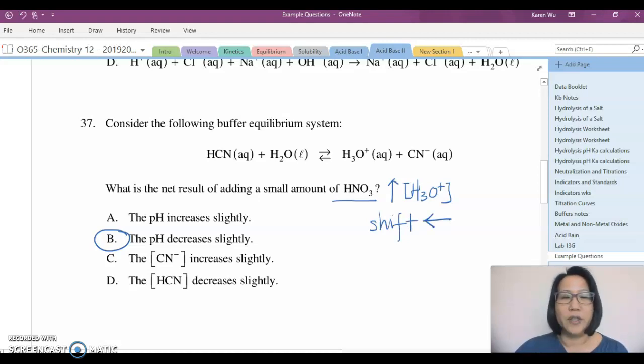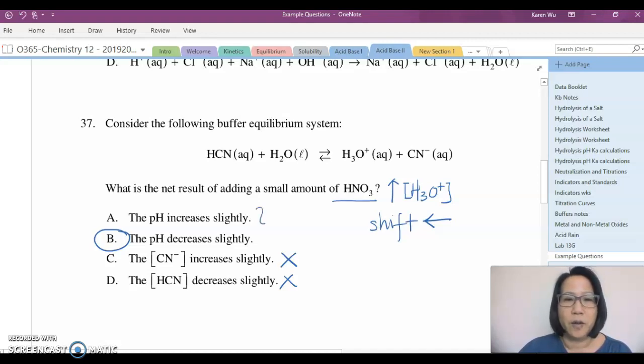So when we shift to the left, we are going to make more HCN. So it is not true that the HCN concentration goes down. No, shifting to the left is actually going to increase it. Shifting to the left also means that we use up some of the CN-1. So this is the reason why C is not happening. The CN-1 is actually going to decrease in concentration.